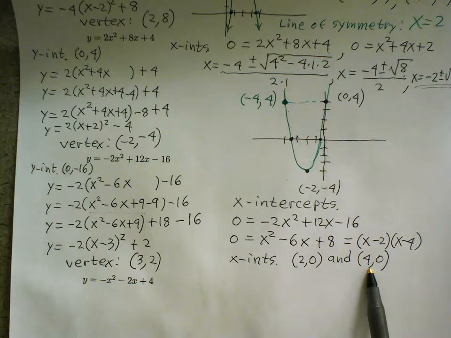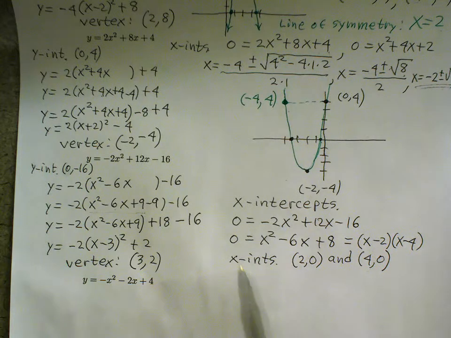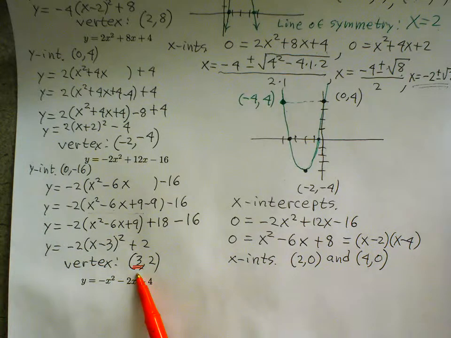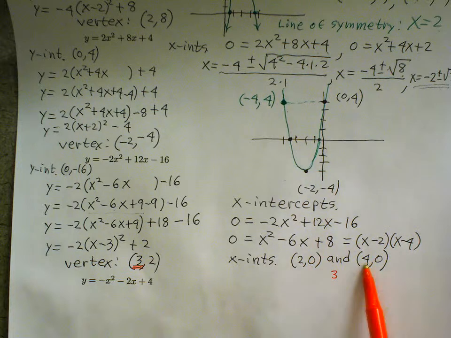Just a useful observation. It's the symmetry of the parabola at work. Do you see what I mean? The x-coordinate of the vertex is 3. The two x-coordinates of the x-intercepts are 2 and 4. And 3 is halfway between 2 and 4.